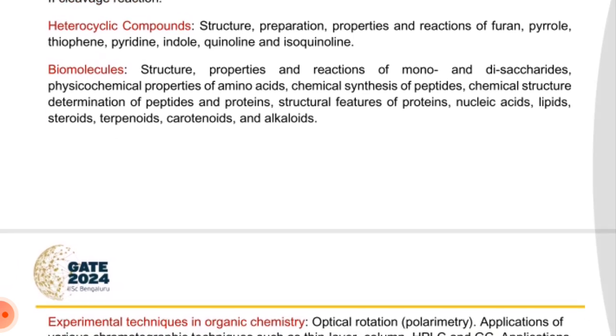Heterocyclic compounds: structure, preparation, properties and reactions of furan, pyrrole, thiophene, pyridine, indole, quinoline and isoquinoline. Biomolecules: structure, properties and reactions of mono- and disaccharides, physicochemical properties of amino acids, chemical synthesis of peptides, chemical structure determination of peptides and proteins, structural features of proteins, nucleic acids, lipids, steroids, terpenoids, carotenoids and alkaloids.